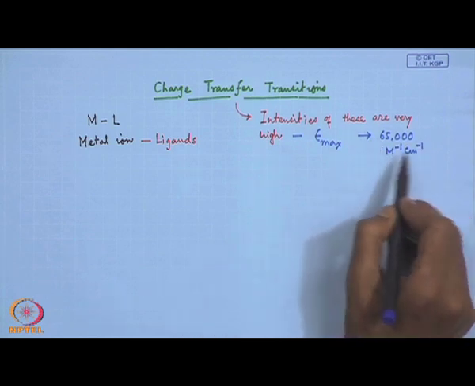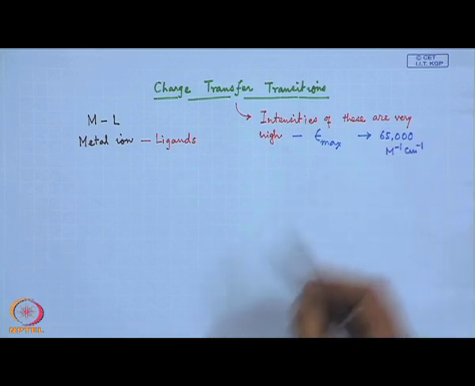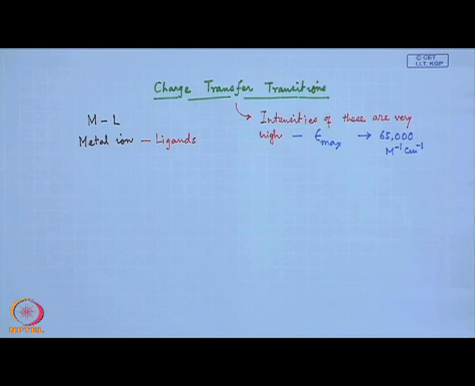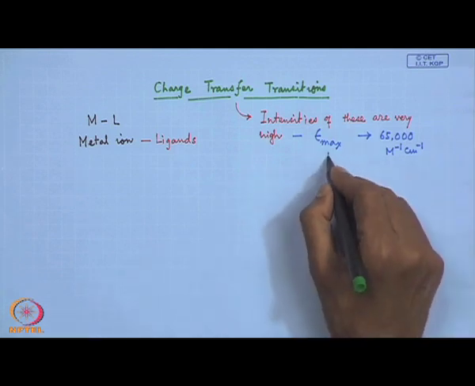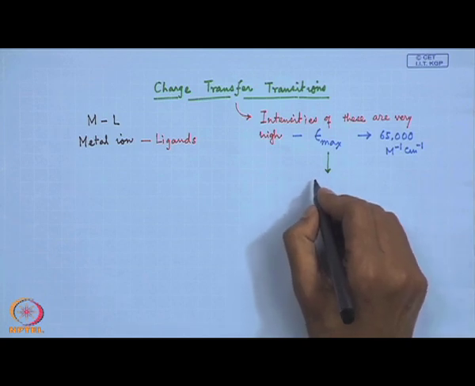So, in that particular unit we can find that a very high concentration is not required for these charge transfer transitions. So, we can detect. If we can monitor a particular charge transfer band for any metal ligand system, we will find that it can be of very much analytical use.